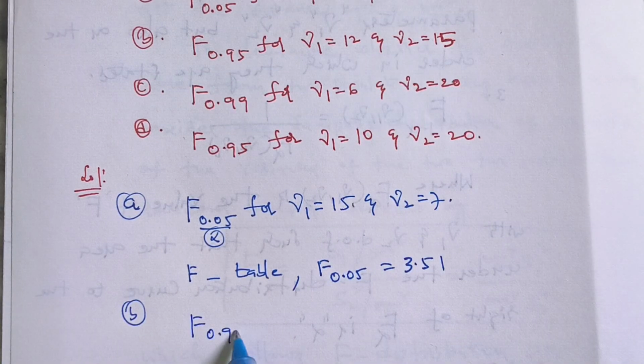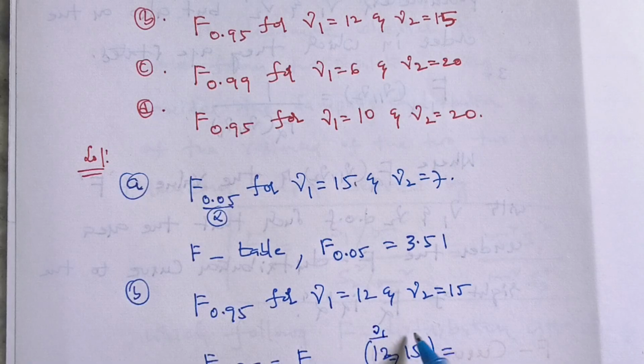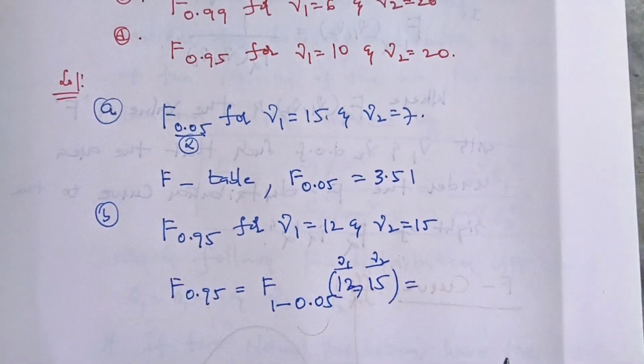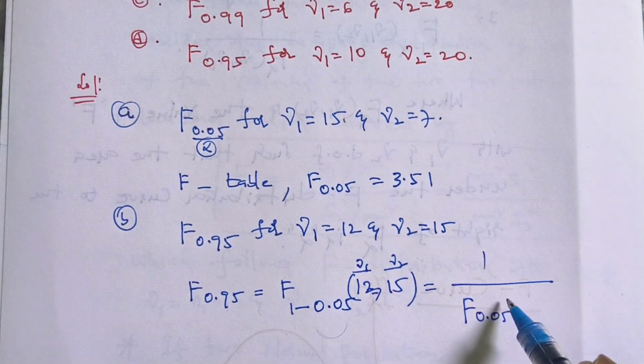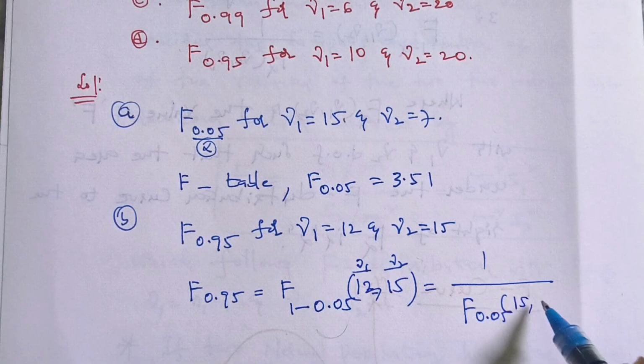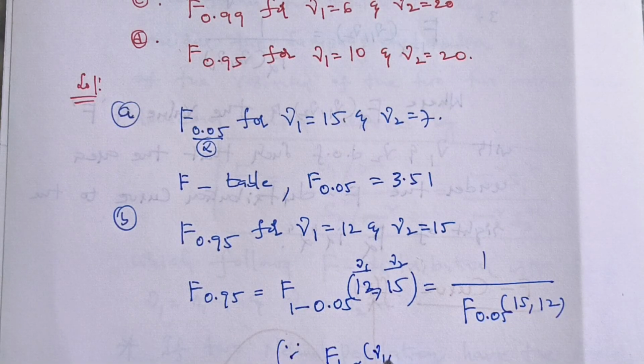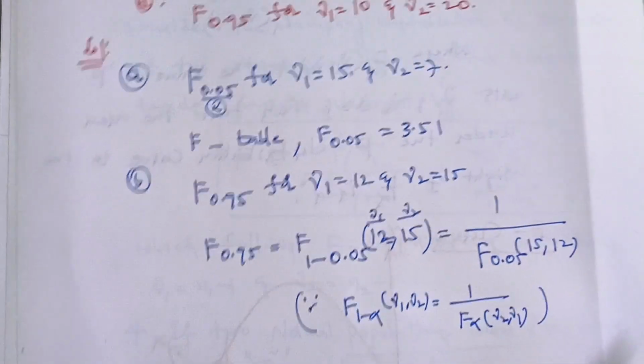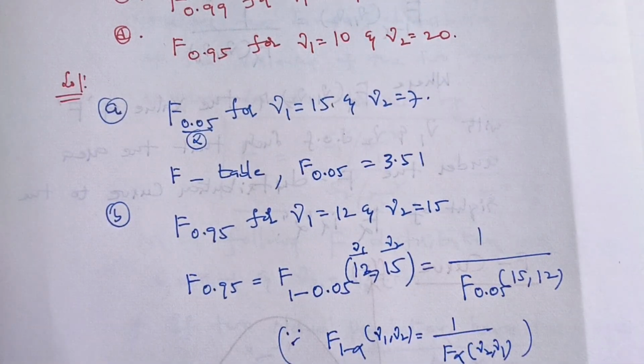The second problem is F 0.95 for degrees of freedom nu1 equals 12 and nu2 equals 15. We have the formula from the last class: if alpha is greater than 0.5, we have F 1 minus alpha, nu1, nu2 equals 1 by F alpha, nu2 comma nu1.